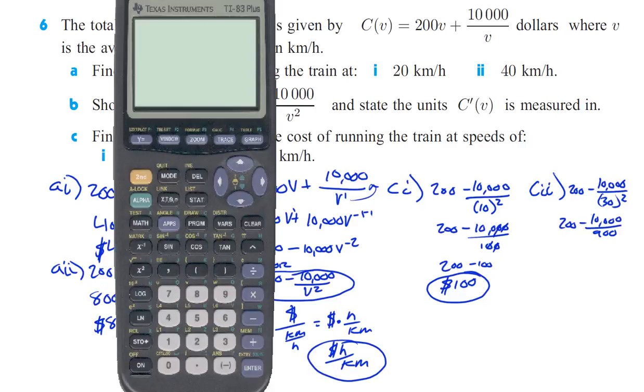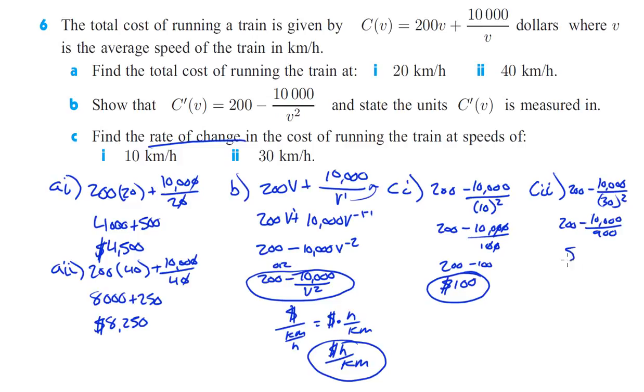All right, so let's see what we get there. 200 minus 10,000 divided by 900 gives us 188.88, so 188.89 is our rate of change. All right, so there's number 6.